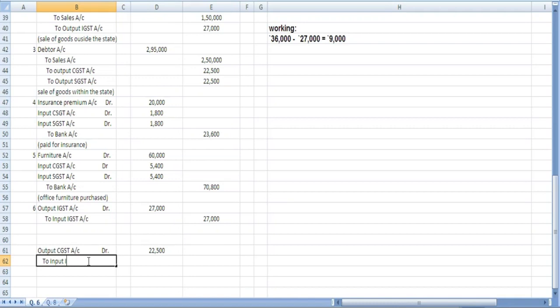Now with this we have to adjust to input IGST account. So the input IGST account balance that we have is 9,000.